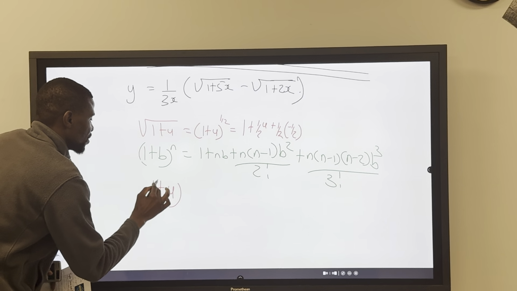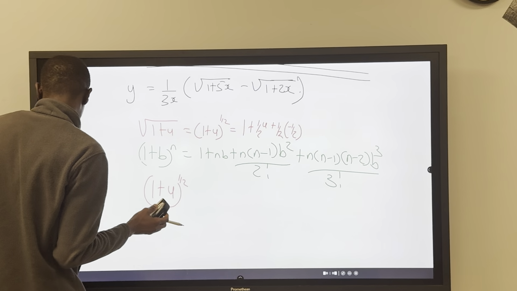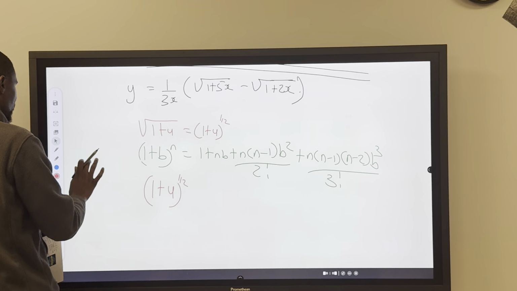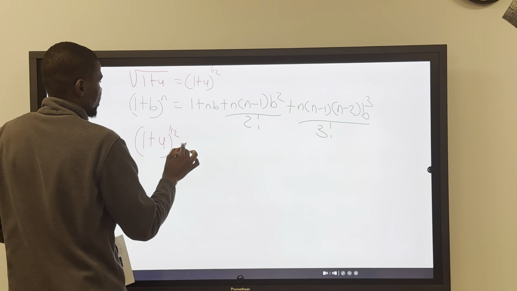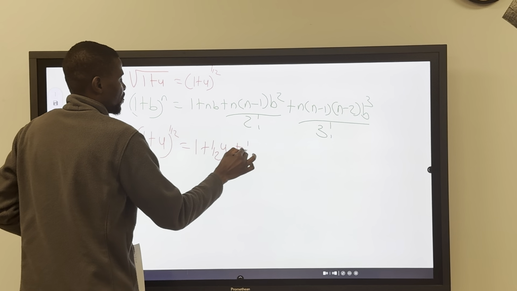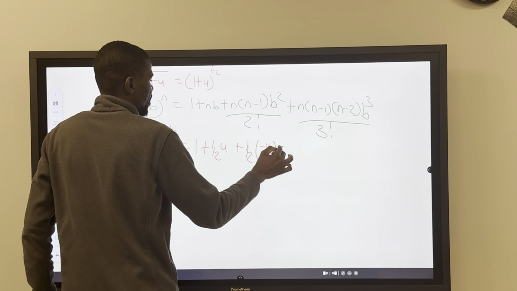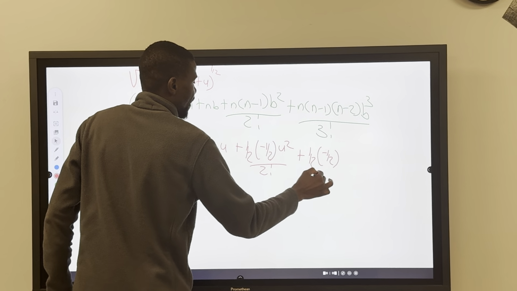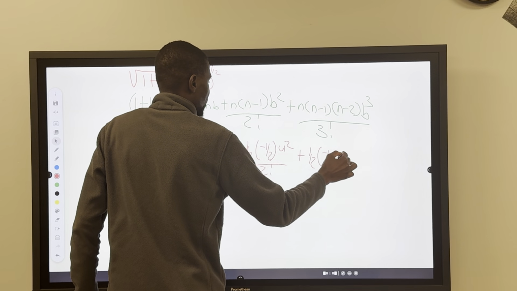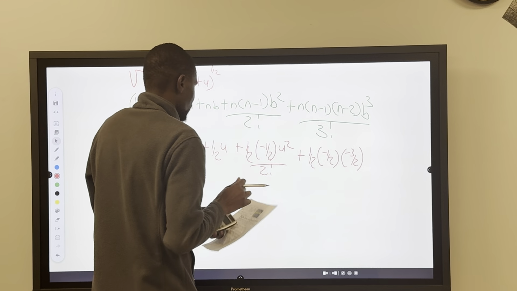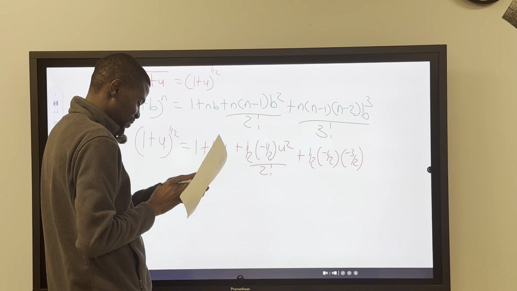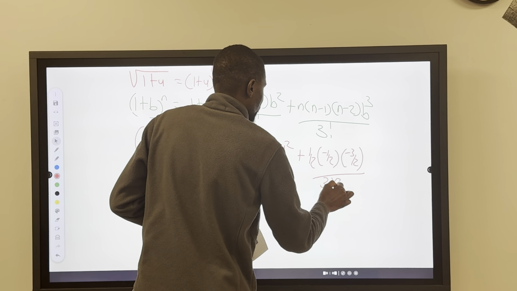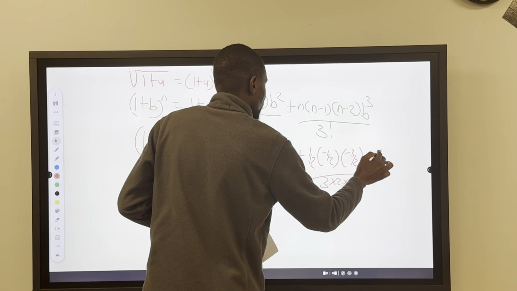So 1 plus u to the 1/2 is equal to 1 plus nb plus n minus 1 b, which is u squared over 2 factorial, plus n minus 1, n minus 2, which is minus 3 over 2, because 1/2 subtracting 2 is minus 3 over 2, over 3 times 2 times 1. And then here it's u cubed, right?